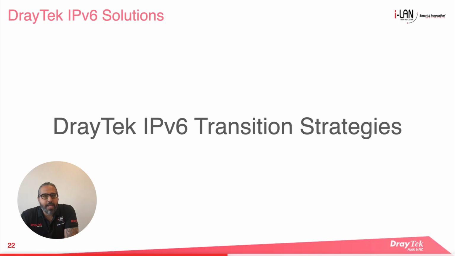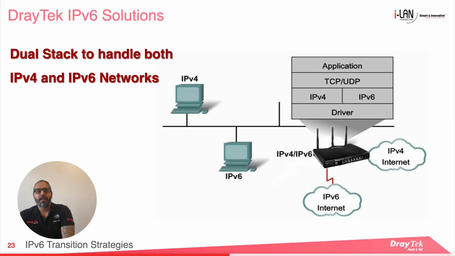Let's now have a look at DrayTek's IPv6 transition strategies. Dual stacking is an integration method in which a router has implementation and connectivity to both an IPv4 and IPv6 network. This is the recommended option and involves running IPv4 and IPv6 at the same time.